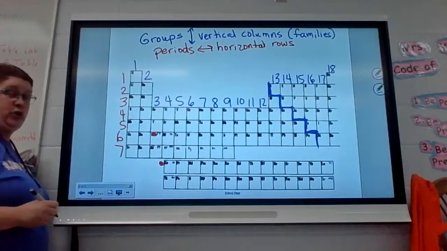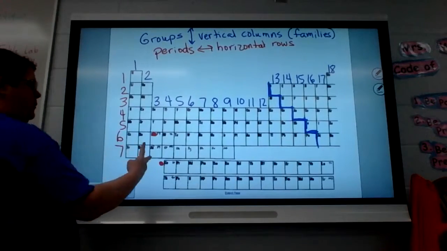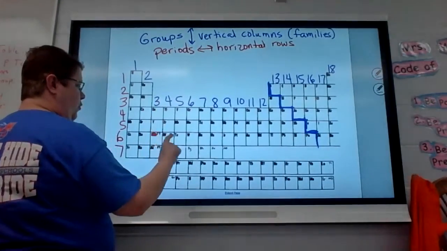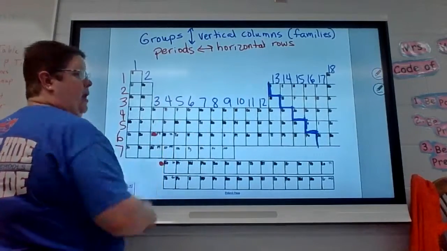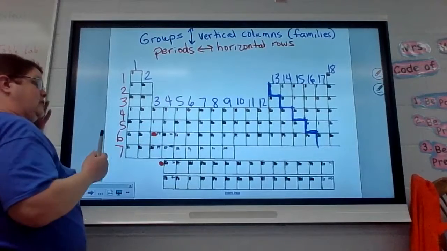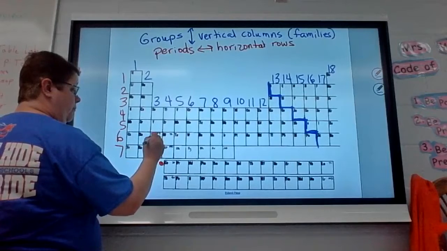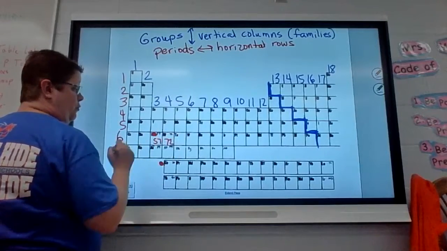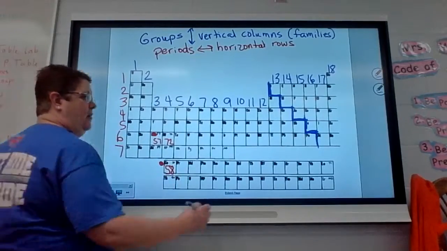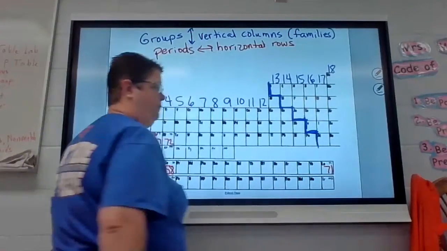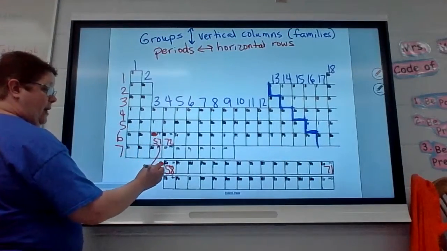Essentially, the periodic table is too wide. So some genius decided to cut the periodic table apart, took what should be right here, and put it at the bottom, and pushed the periodic table back together. So if you actually look at the numbering, this is number 57. This is number 72. This is number 58. And this is number 71. So what happens is when you get to number 57, you have to come down here.